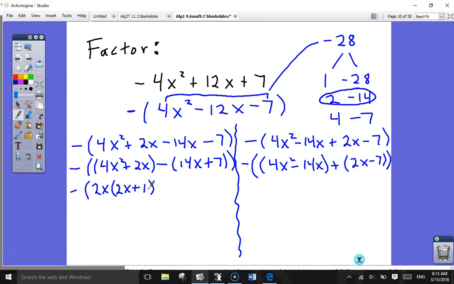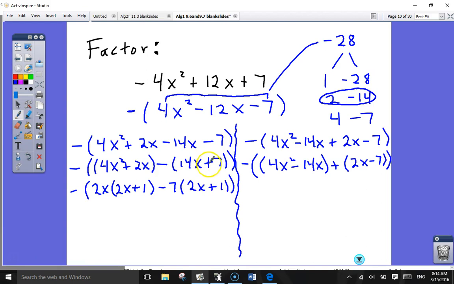Remember, when you take away a 2x from 2x, it's really 2x divided by 2x, which is 1. How about the next set of parentheses? What's the greatest common factor? 7. So factor out a 7. And what's left in the parentheses? 2x plus 1. Remember, it has to be the same expression in parentheses, or else you did something wrong.